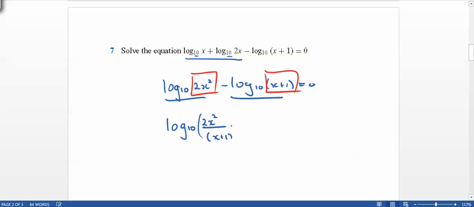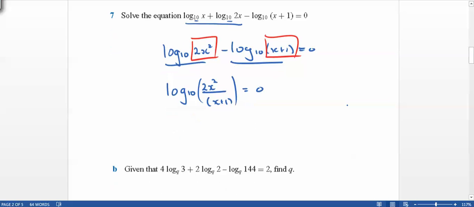That is equal to 0. Now we need to solve for x, so we need to cancel out this log somehow. Well, what's the inverse of a log? It's the exponent.